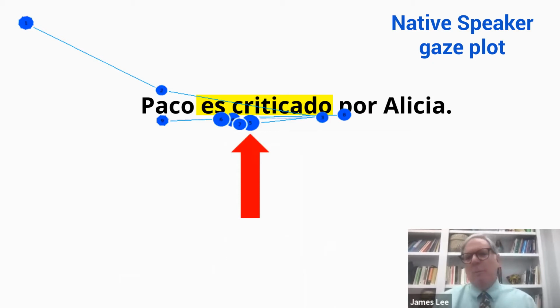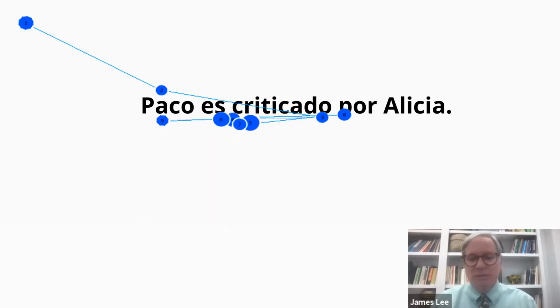The next slide I'm going to show you is the gaze plot for a non-native speaker of Spanish who's in their third semester of learning Spanish, so pretty early on. I'm going to superimpose the gaze plot on top of this one. It's in red, so you should be able to see it.